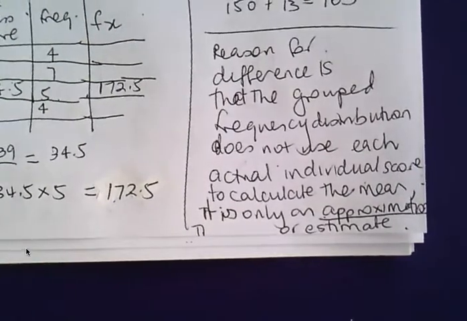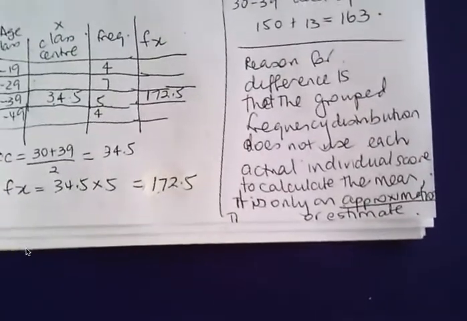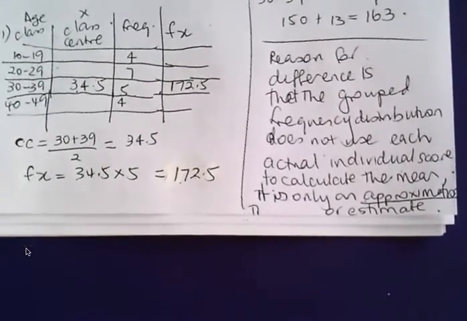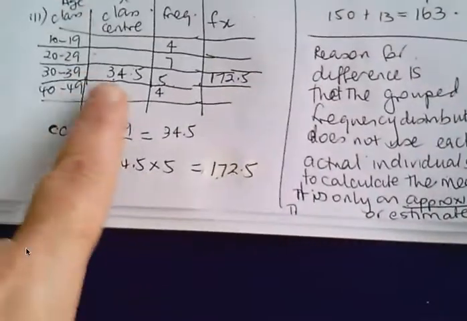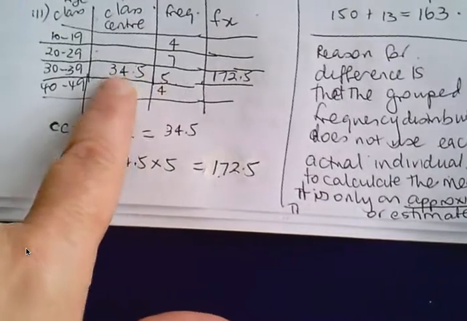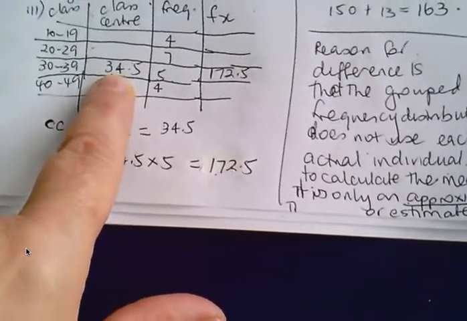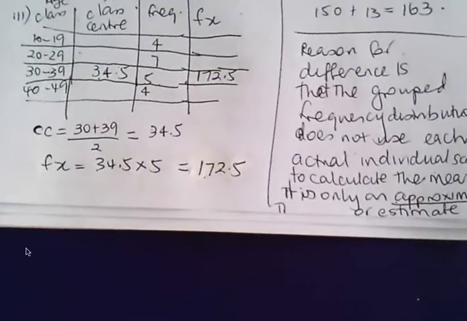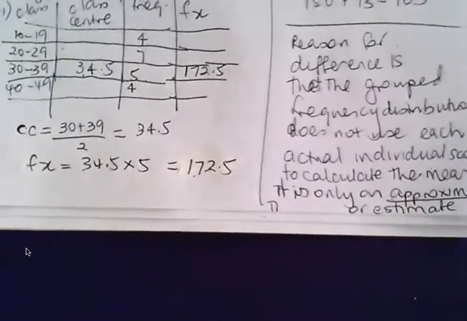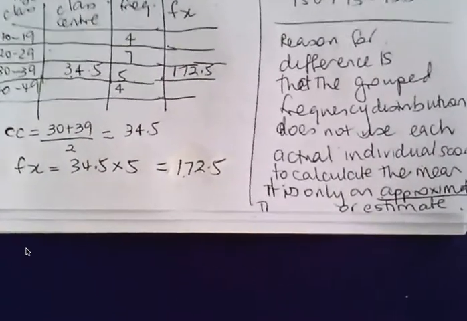Do you get it? Do you see the difference? All right. When I look at the grouped frequency distribution table, I have no idea what the actual scores are. I just know that there were 5 people between 30 and 39. I don't know their ages. So I go with the middle age when I work out the mean. All right.